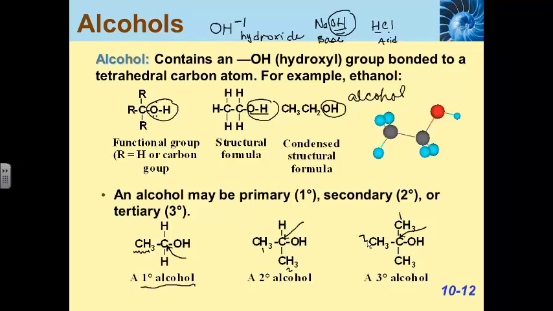It contains 3 carbons attached to the carbon that bears the functional group. It is known as a tertiary alcohol. So really just kind of dividing primary, secondary, or tertiary alcohols based on the number of carbons that are attached to the carbon that bears the hydroxyl group. Very important to be able to categorize primary, secondary, or tertiary alcohols.